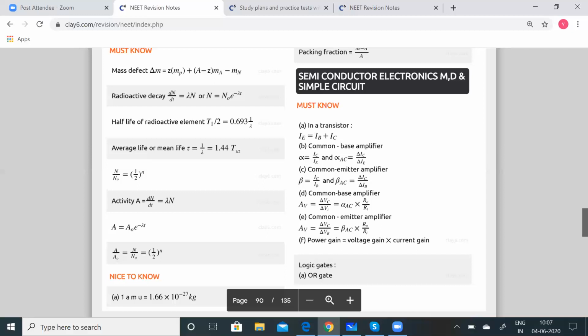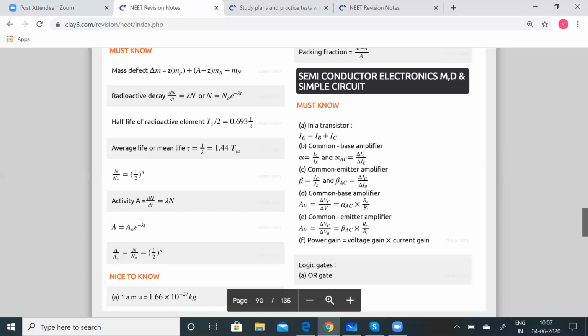Generally dopants are of two types: pentavalent dopants and trivalent dopants. Examples of pentavalent dopants are arsenic and phosphorus. For trivalent dopants, it is aluminum, boron, etc. Pentavalent dopants are also called donors, and trivalent dopants are called acceptors.